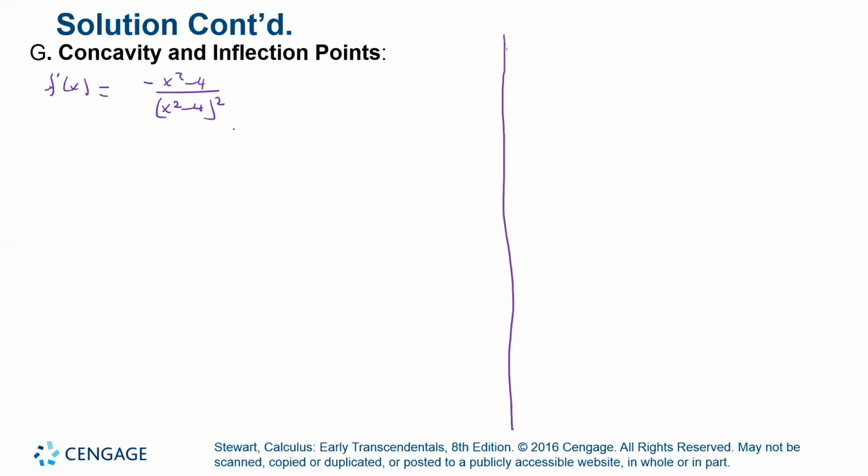So if we keep that, this is the negative of that. Then we find the second derivative of this.